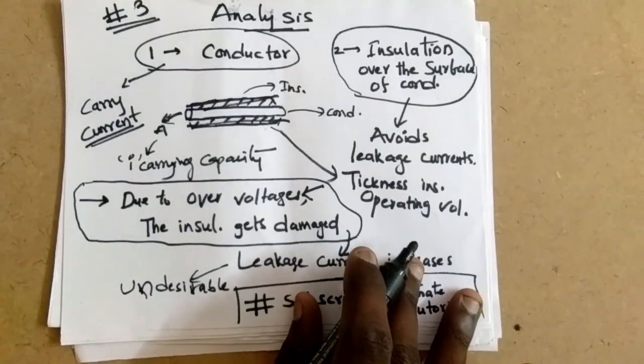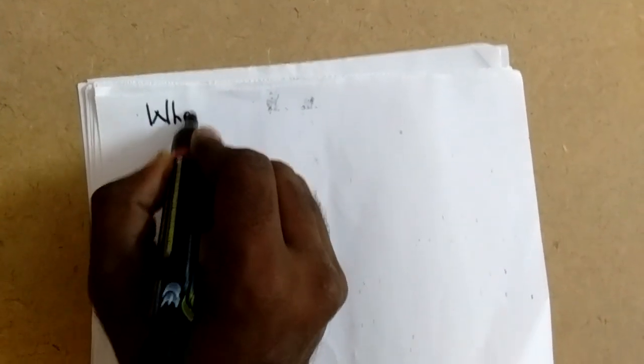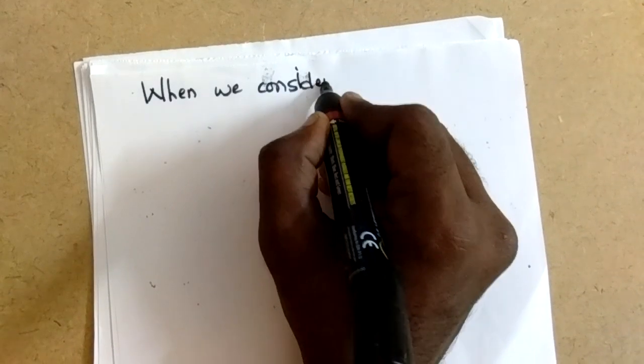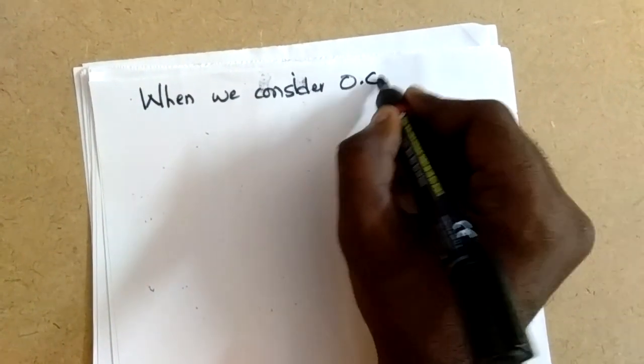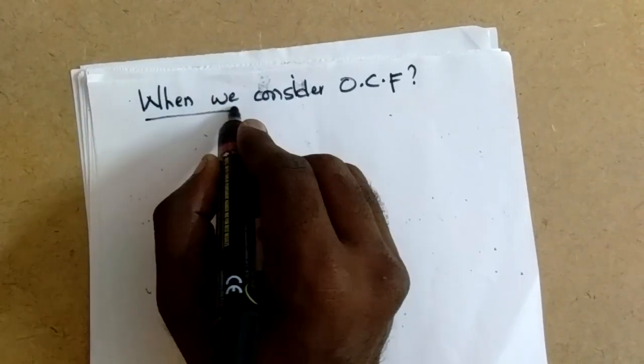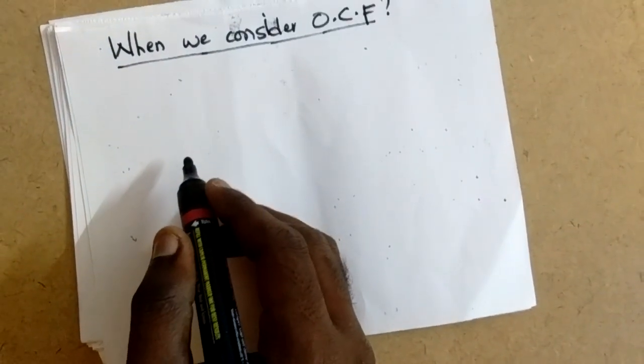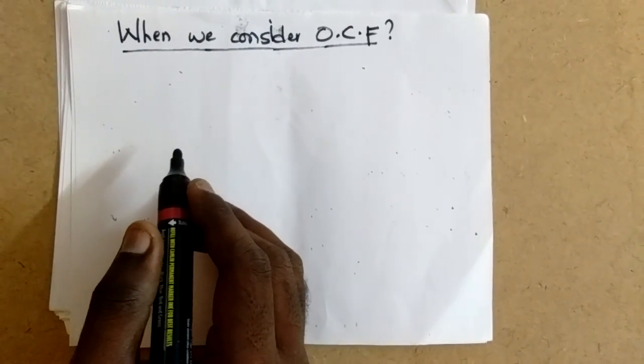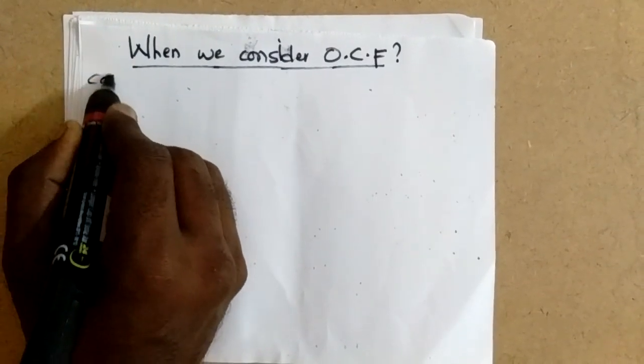Now let us talk about one more important thing. When we consider an open circuit fault, there are three cases we have to see to find which one is an open circuit fault. Let us see case 1.